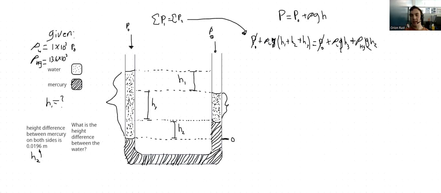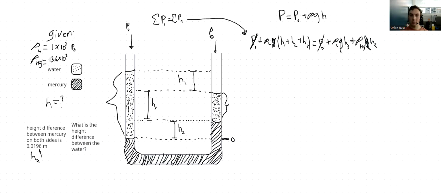What that tells us is that acceleration due to gravity doesn't really matter. So if we're on a different planet with the same atmospheric pressure, actually, because the atmospheric pressure canceled out, that doesn't matter either. That tells us physically we could do this experiment on a different planet, given that the fluid wouldn't start floating or something like that, which is pretty cool.